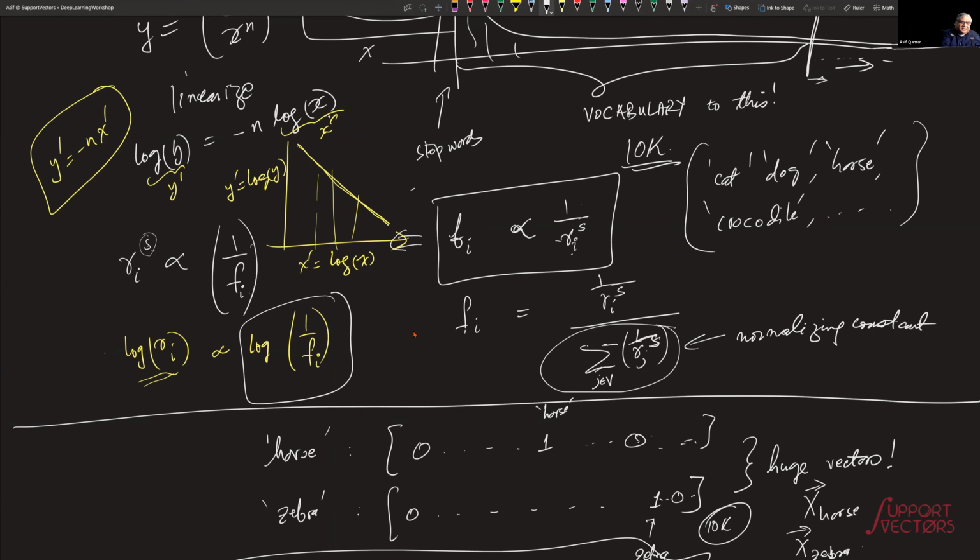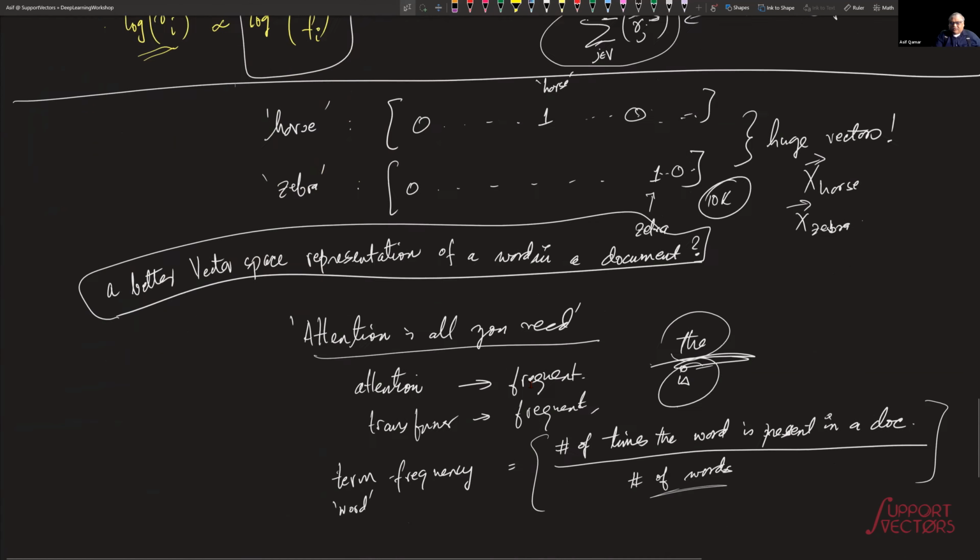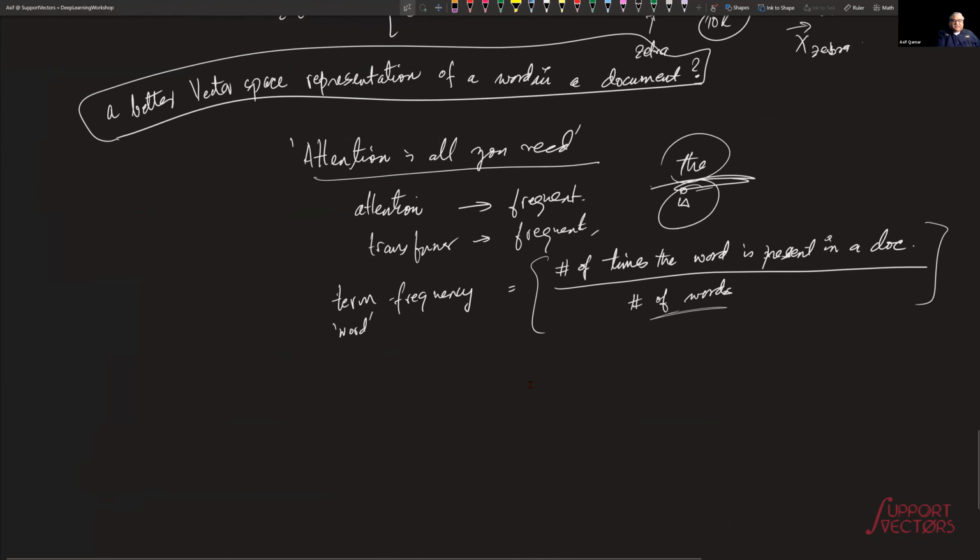So let's bring in this factor, log inverse frequency, into our game. Term frequency was a good beginning. The word people use is TF as a short form for term frequency. But what if we took the term frequency and multiplied it with that log rank business, which was essentially the log of inverse frequency?